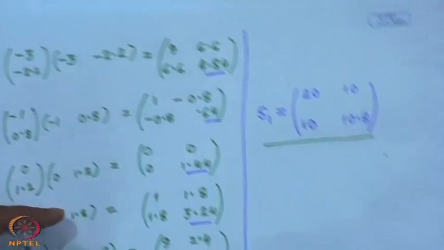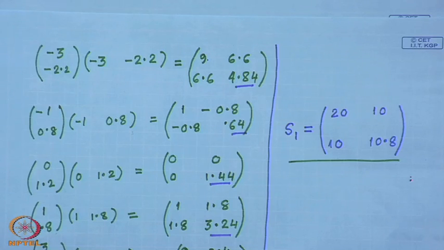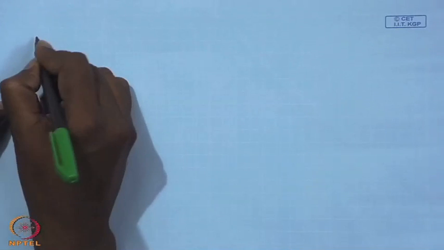Now, from S1 and S2 I have to find the total within class scatter, that is Sw, which is nothing but S1 plus S2. I will rewrite them here for convenience.